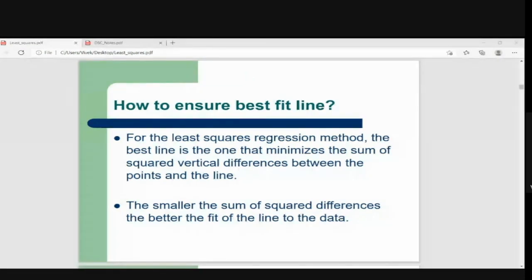This is the condition by which we can say that this is the best fit, because in this case we are finding the squared errors, and then we are doing the minimization of that. And we already know how a function can be minimized by taking the partial derivatives. So in this case we are minimizing the error, and in that sense we call it the best fit line.